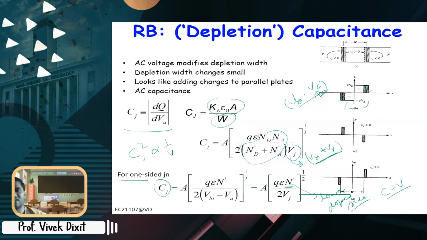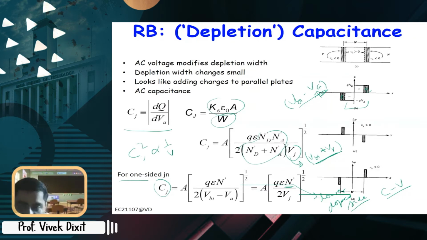Did you notice even for avalanche breakdown, the breakdown voltage depended on the doping of the lower doped side, and it was inversely proportional. Here it is directly proportional to the square root of the doping on the lower doped side, right?